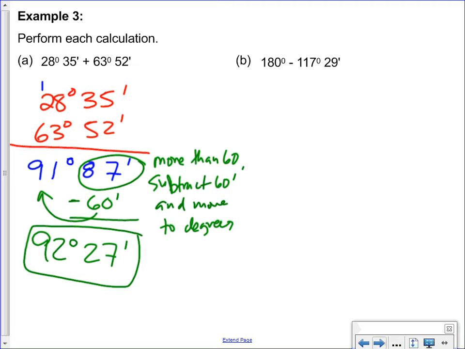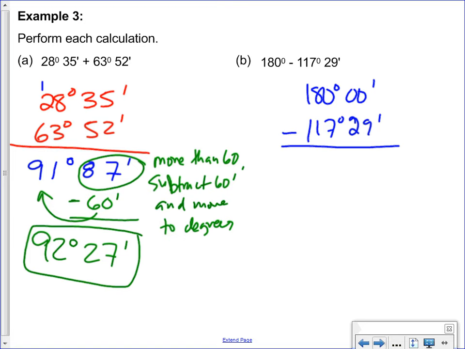In part B, the 180 does not have any other minutes. There's no minutes. So you could go 180 degrees and 0 minutes minus 117 degrees and 29 minutes. Problem is you cannot take away 29 from nothing.